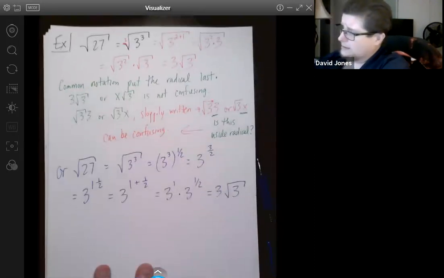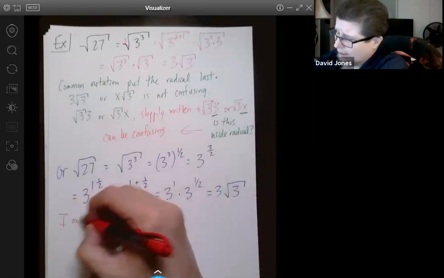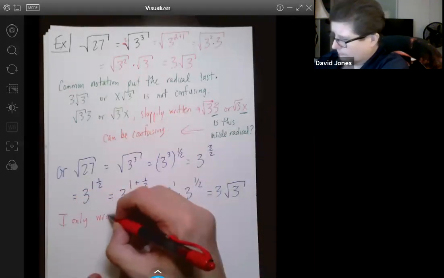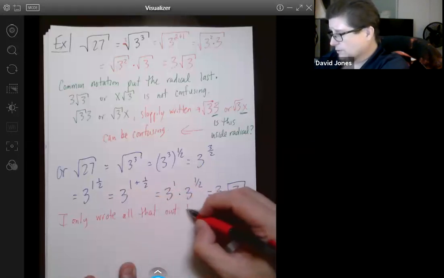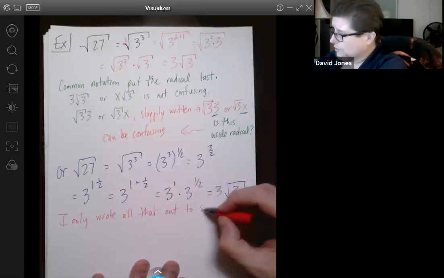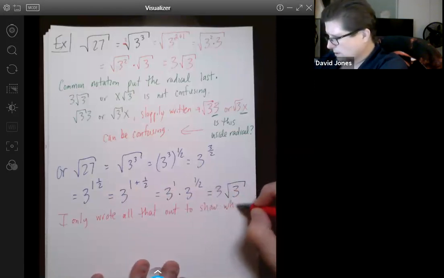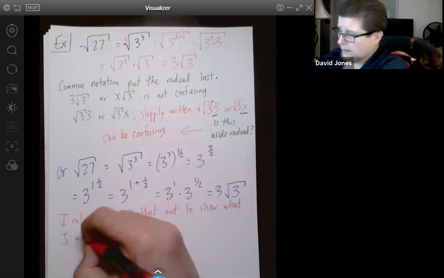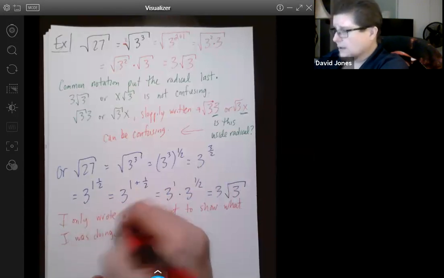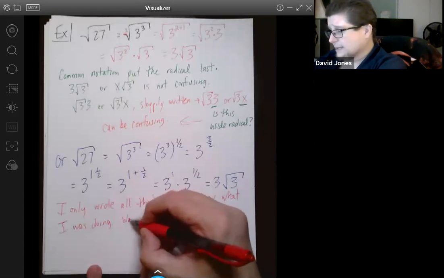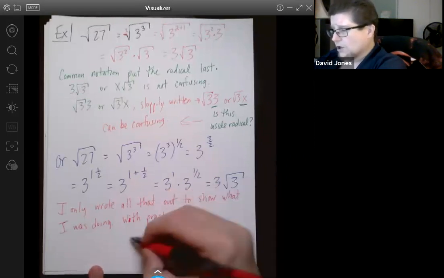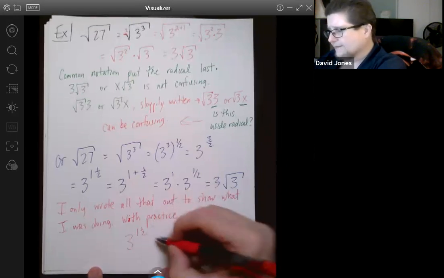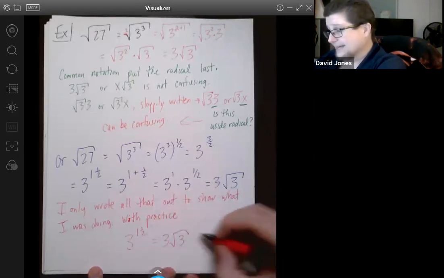And I only wrote all that out to show what I was doing. With practice, going from 3 to the 1 1/2 to 3 square root of 3 gets easy.